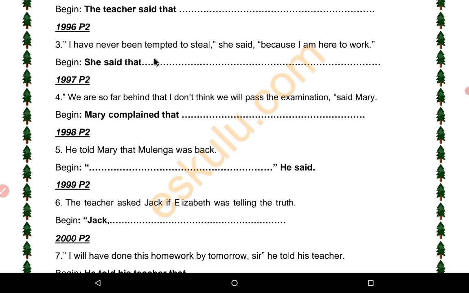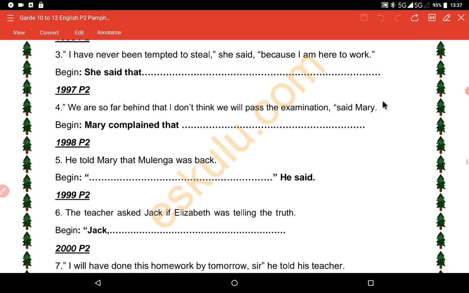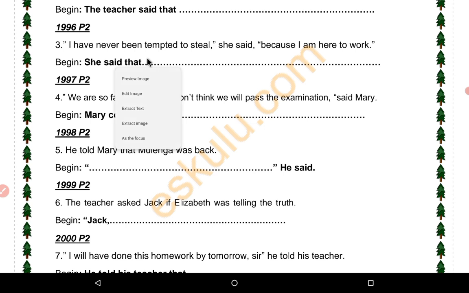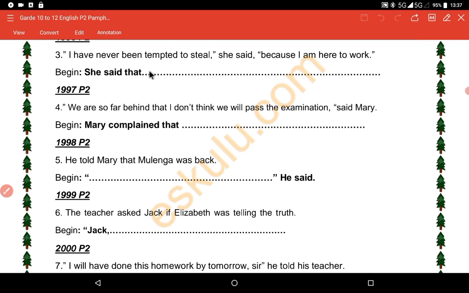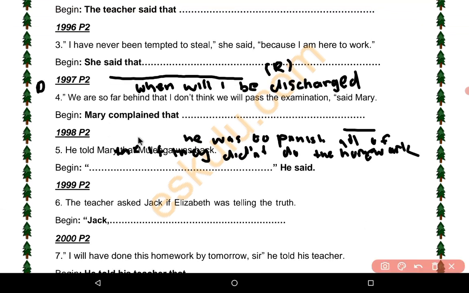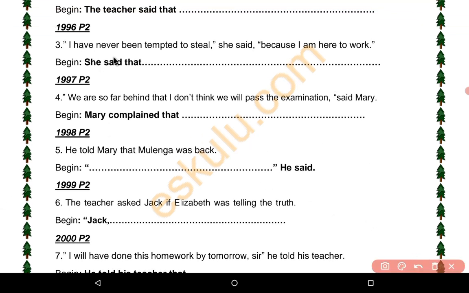She said that I will change, the person talking, I. So she said that she, have will change to had, past tense.